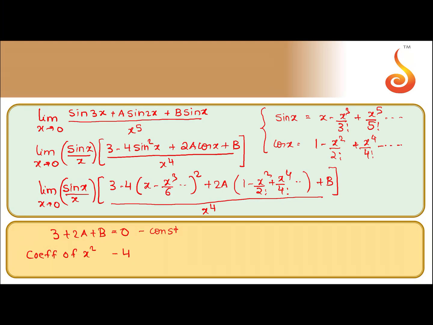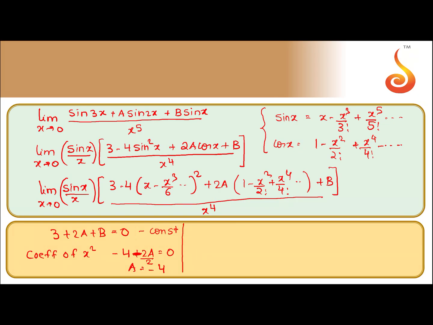Minus 4 plus 2a, which is equal to 0. Minus 4 minus a is equal to 0 because the x square coefficient is there. This is minus sign. So we get a equal to minus 4, from the coefficient of x square.